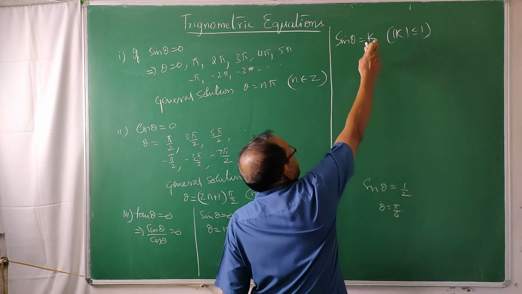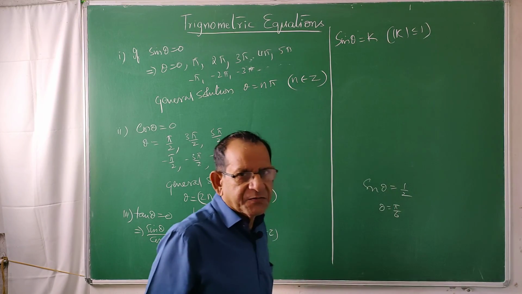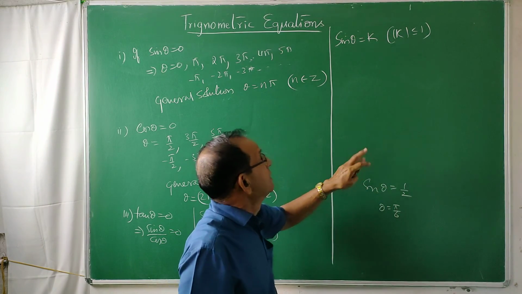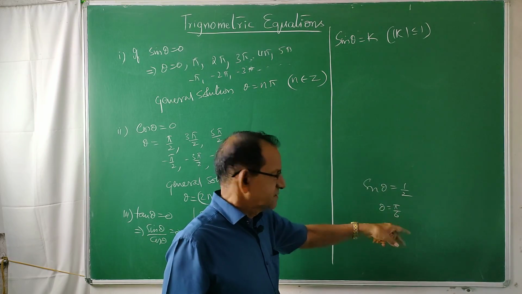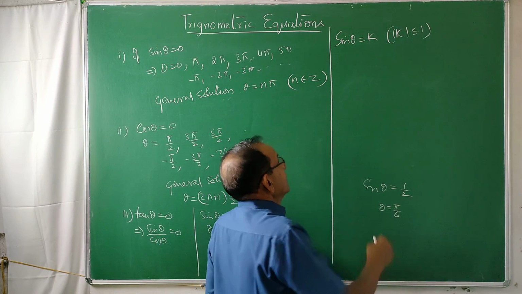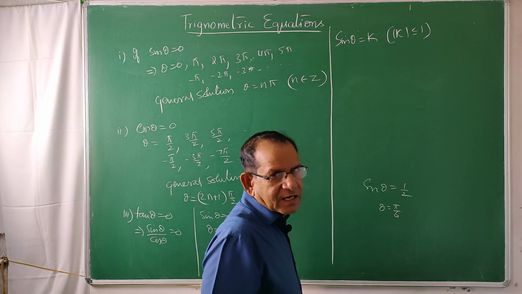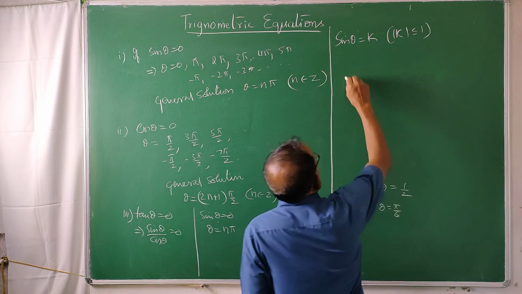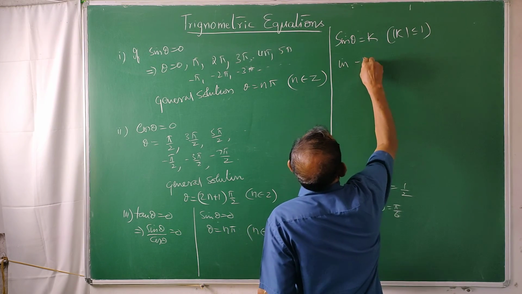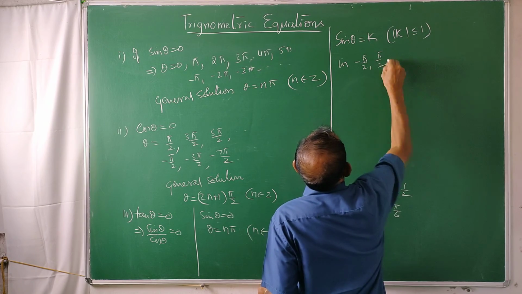Now, depending upon the value of k, we can find some alpha, here pi by 6, that alpha is pi by 6, such that sin alpha is k, in minus pi by 2 to pi by 2.